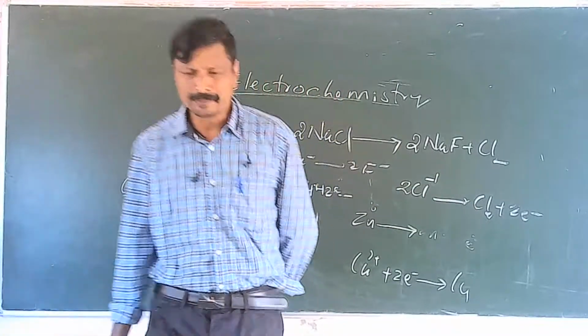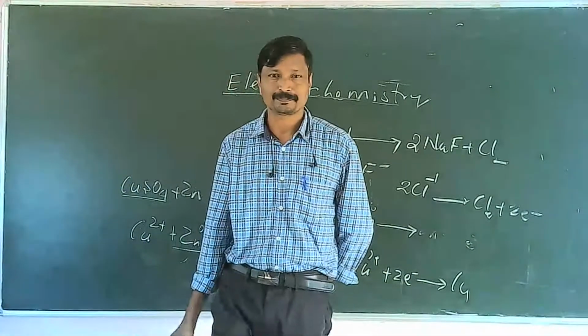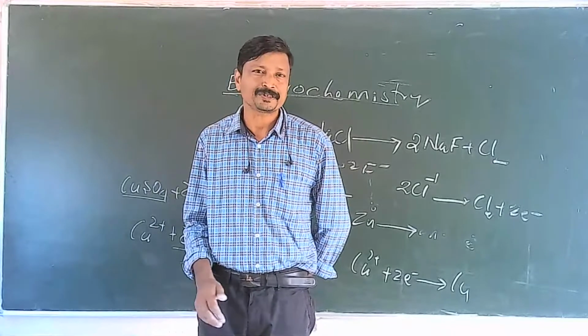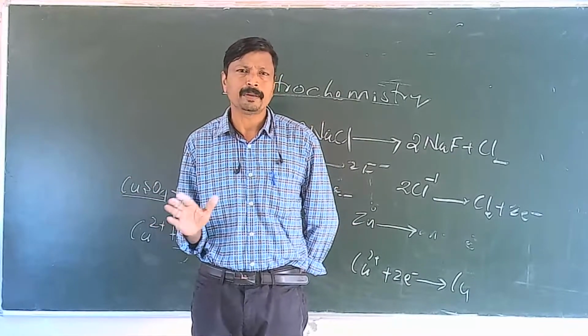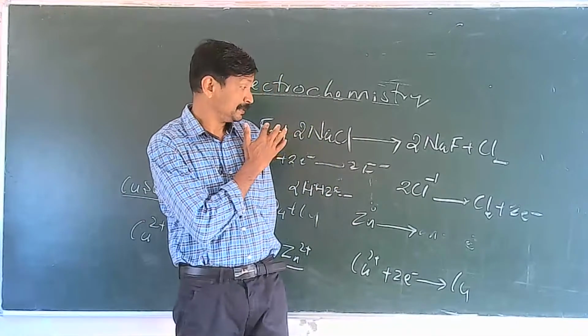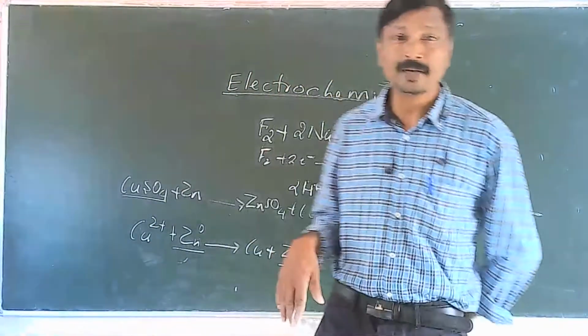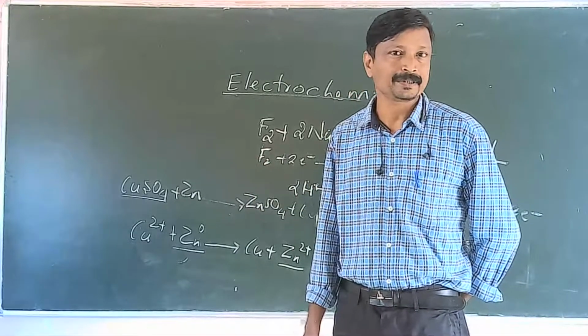So this is very useful for balancing inorganic reactions also. You can write any reaction without any problem. So this concept is important in electrochemistry as well as it helps in writing inorganic reactions.